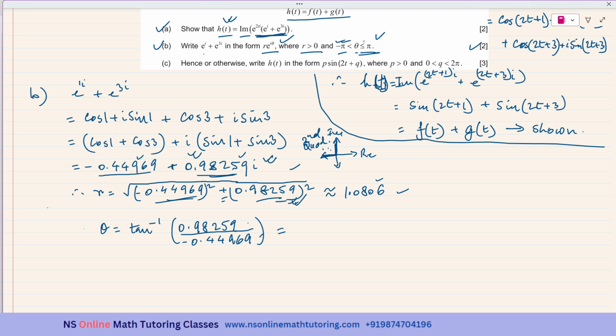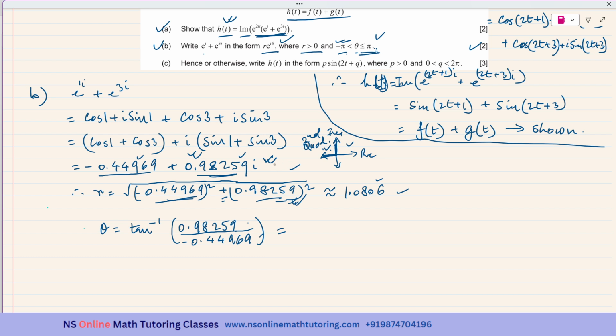And it is said that theta is between negative pi to positive pi. Positive pi means 0 to positive pi means the positive angles are from the first quadrant and the second quadrant. And the number is from the second quadrant, so we have to get a positive value of theta. Just do not write whatever value you are getting from the calculator. That will be wrong.